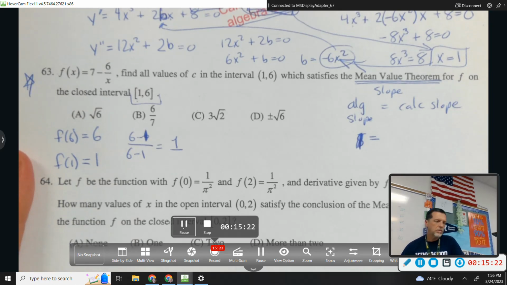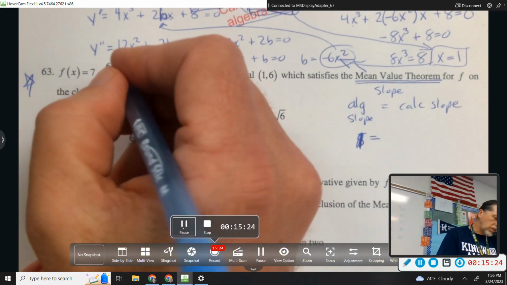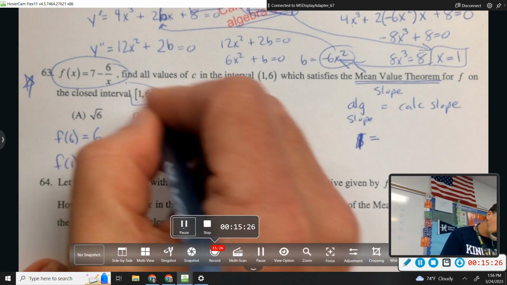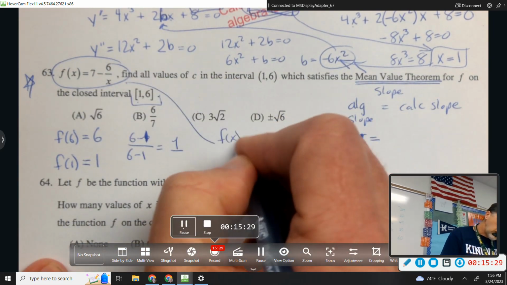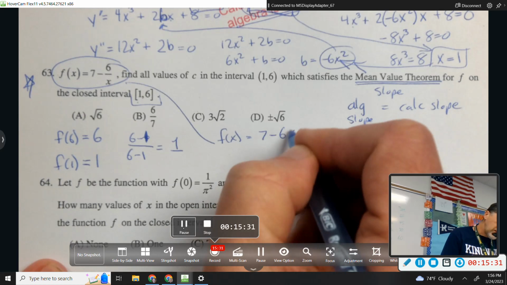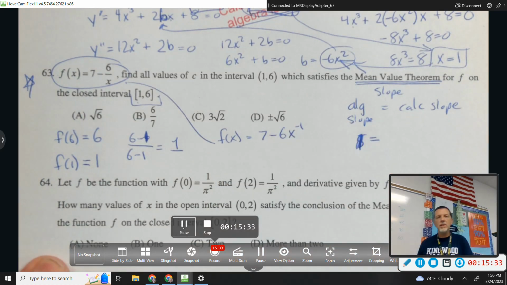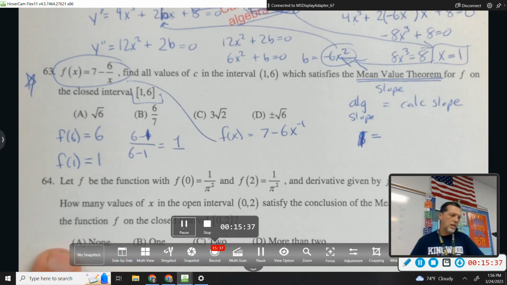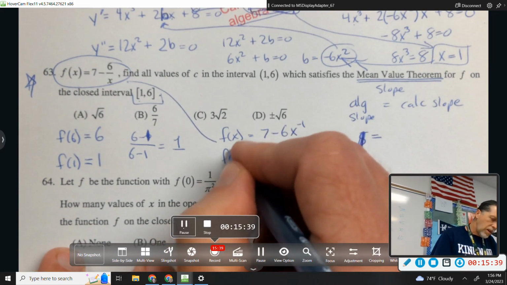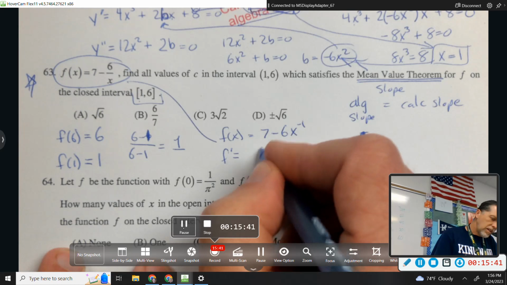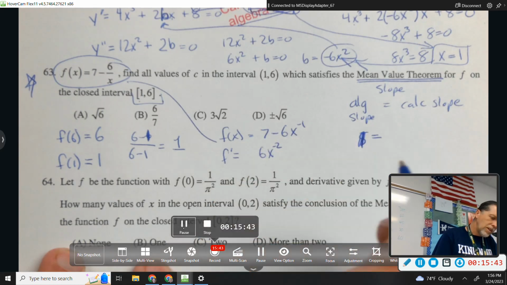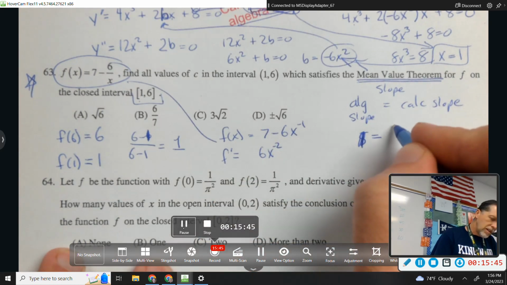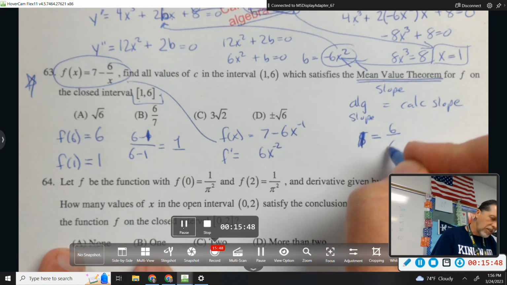Calculus slope. Calculus slope will come from this, which we have to take the derivative of. Yep, I'm going to rewrite that as 6x to the negative 1, so I don't mess up the derivative. So f prime is negative 6x to the negative 2, also known as negative 6 over x squared.